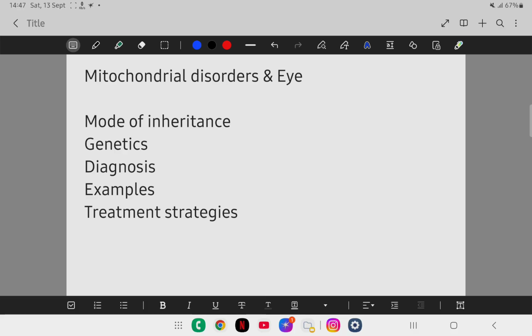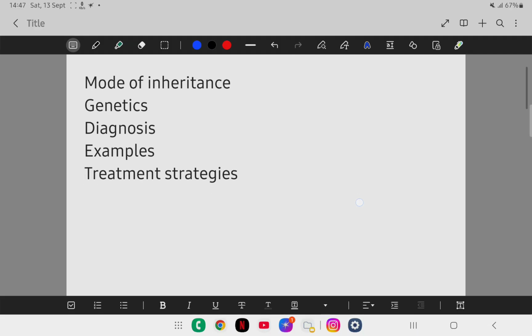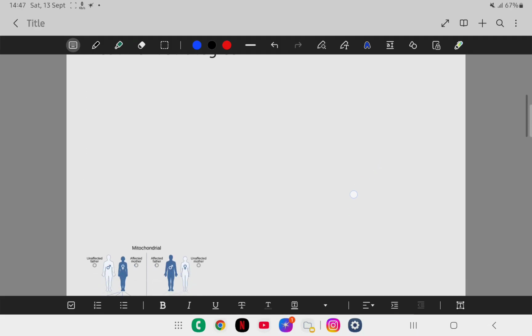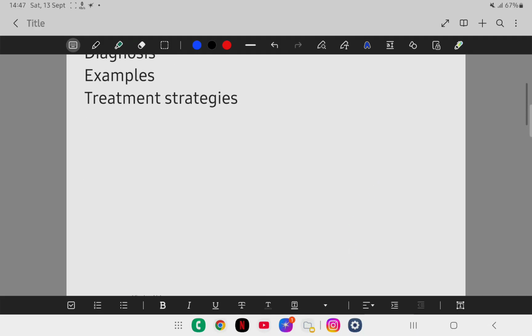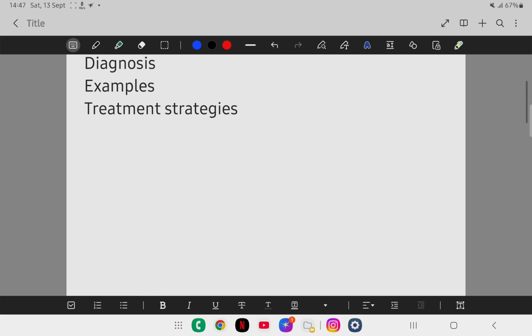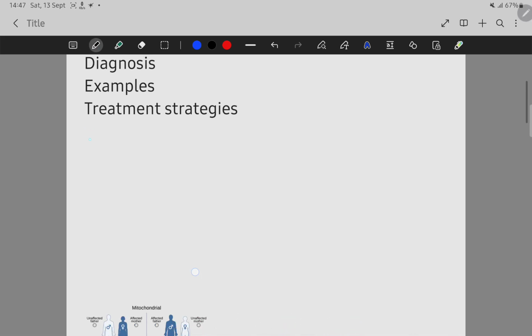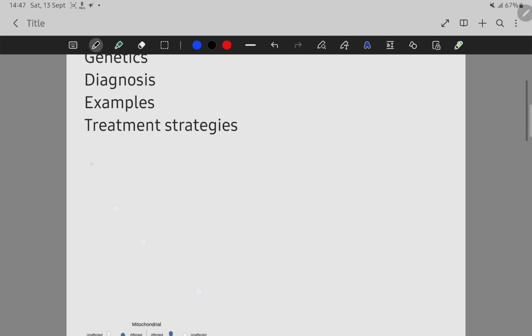So now, coming to what the mitochondrial disorders are. So what are mitochondria? Mitochondria are the powerhouse of the cell.